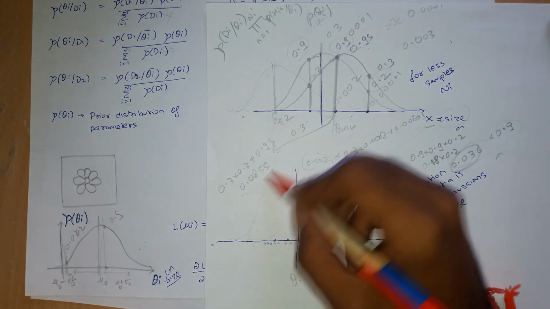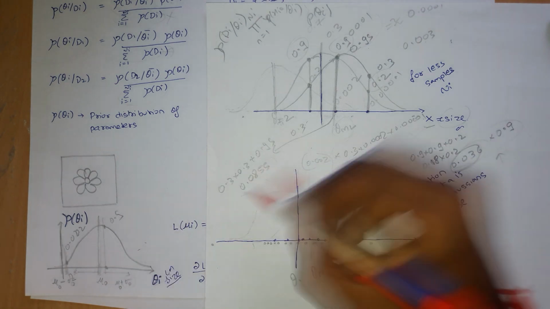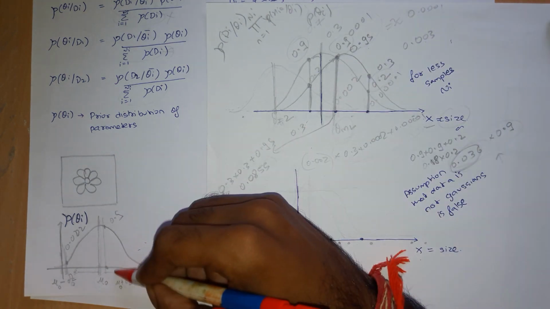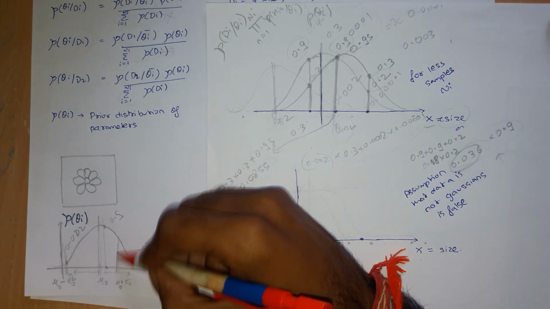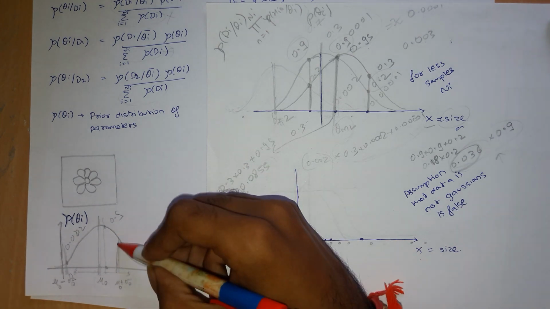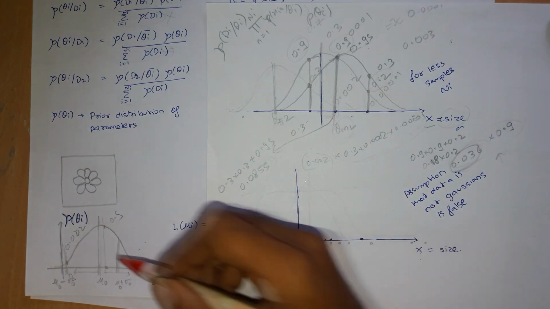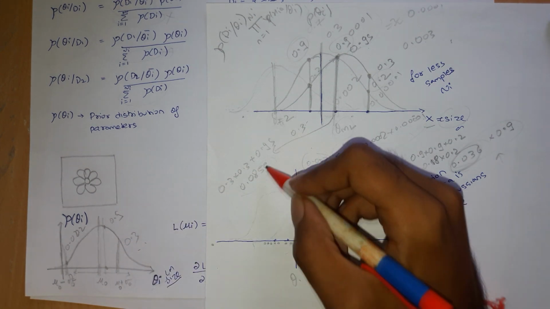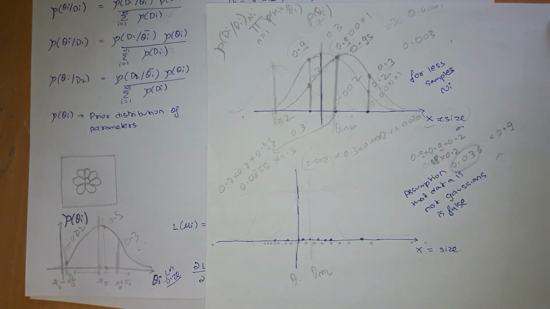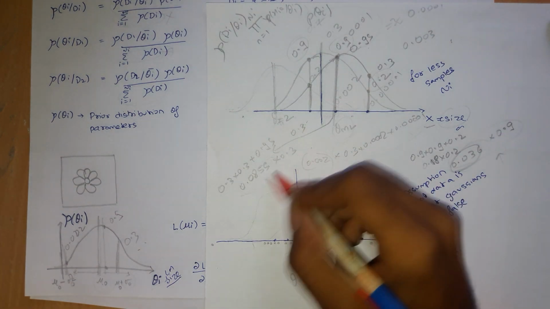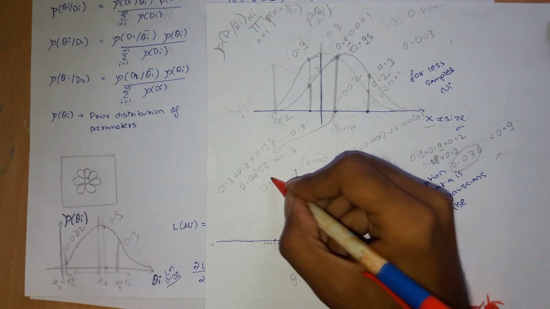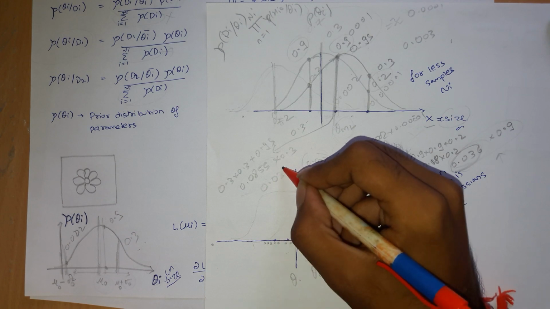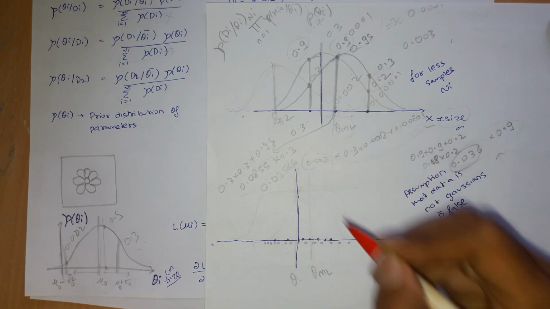So if you see, this corresponds to some value over here, say 0.3 over here, suppose. So this in turn will get multiplied by 0.3. By this multiplication you will get an answer, say 0.02565.